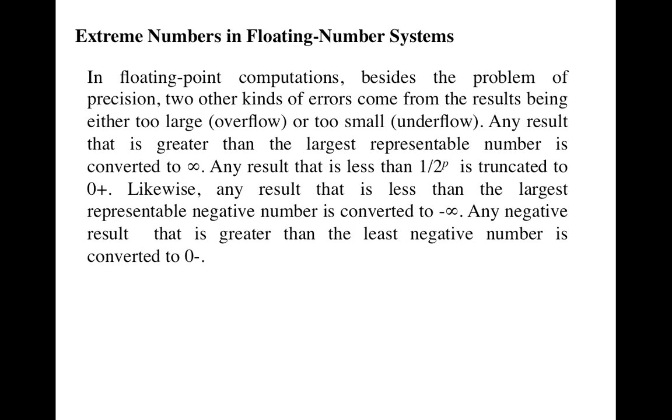So extreme numbers really represent things that are sometimes exceptions, and sometimes they come out of the mathematics that are performed. And if these things exceed the representation's range, then we have to view those numbers as basically infinity in some sense, plus or negative infinity.